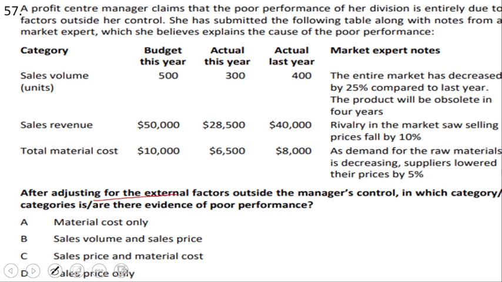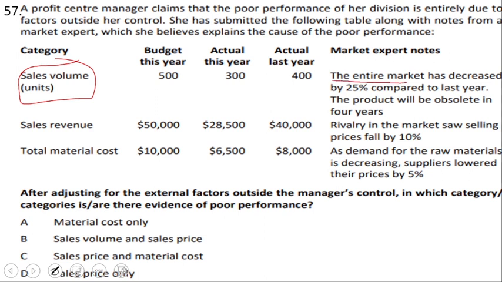After adjusting for external factors outside the manager's control, in which category or categories is there evidence of poor performance? We will take a quick look at the market expert notes and then we will redraft our final answer. So regarding the sales volume in units, what has the market expert said?